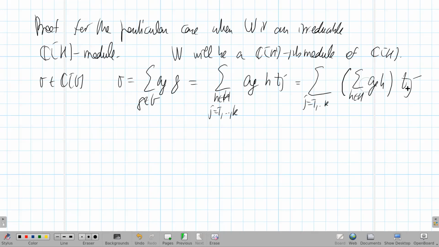Okay, so note, this is in, containing what? You see, this is an element of CH, okay? So it's contained in CH T1 plus CH Tk, okay? But the point is, every element of sigma can be written in a unique way like this.